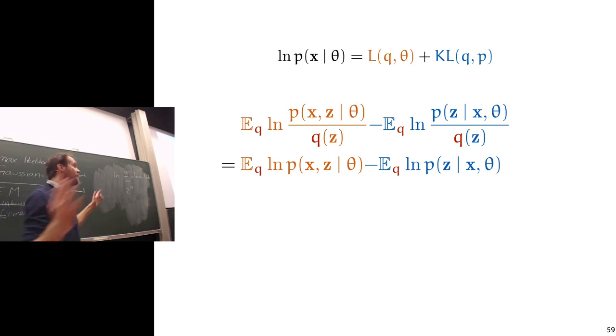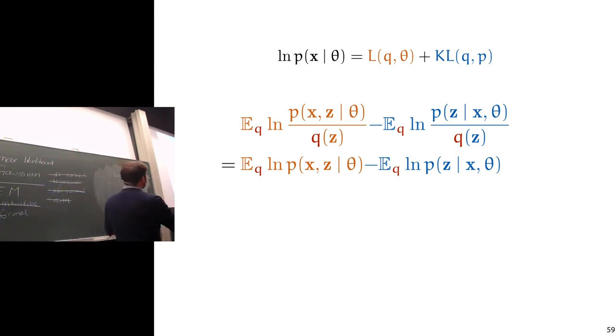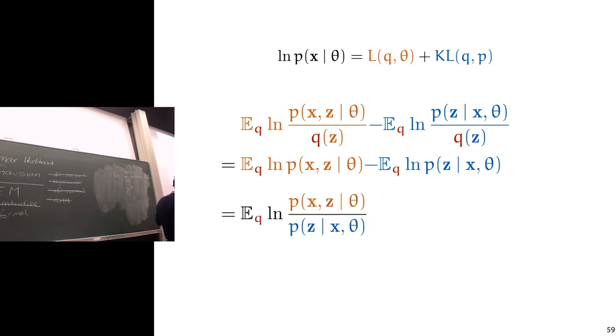And then we do the opposite. Since these are two expectations and sums, we can treat expectations as sums. We can work this into one expectation and then work both of these things into the logarithm. So we're going in this direction now.